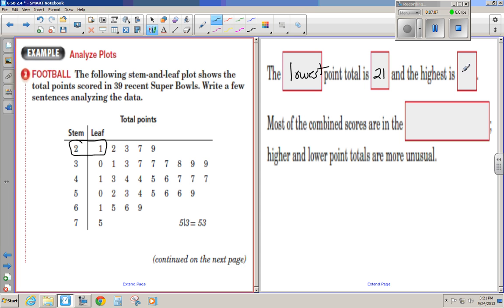And the highest, 75. Most of the combined scores are in the middle. Higher and lower point totals are more unusual. So basically most of them are within 30 to 50 points.